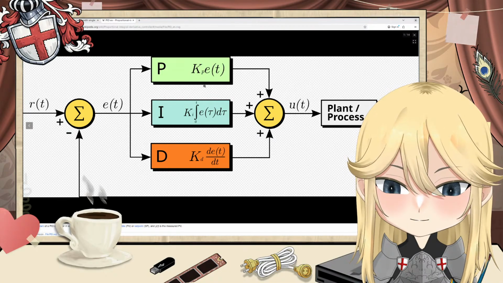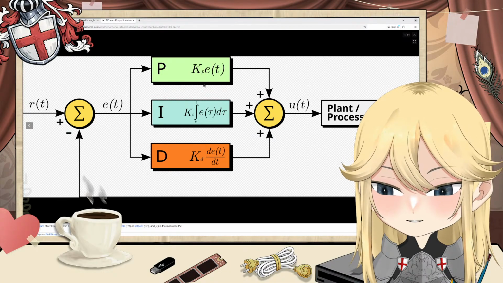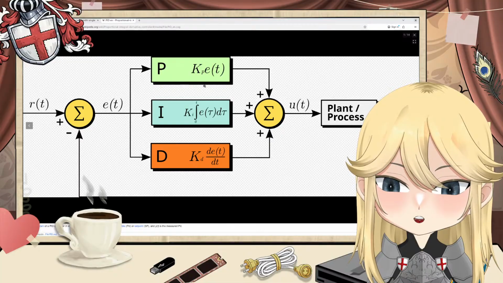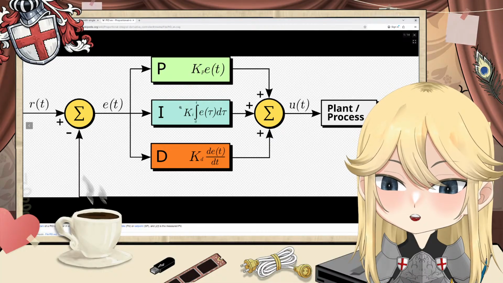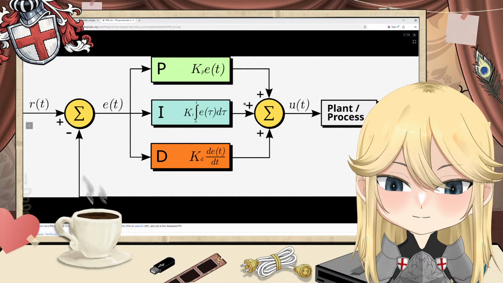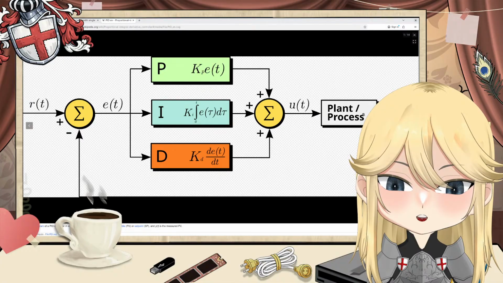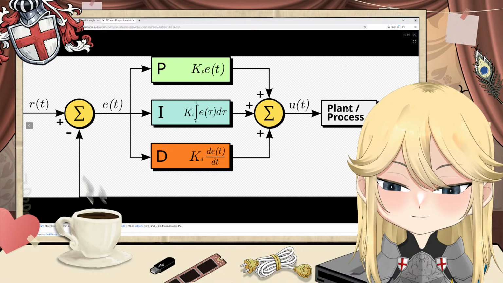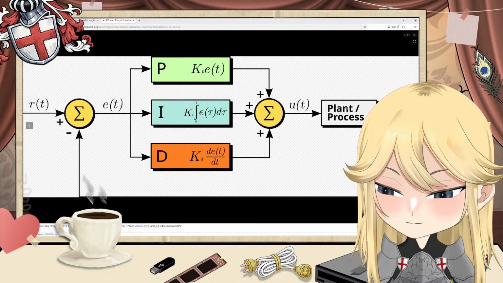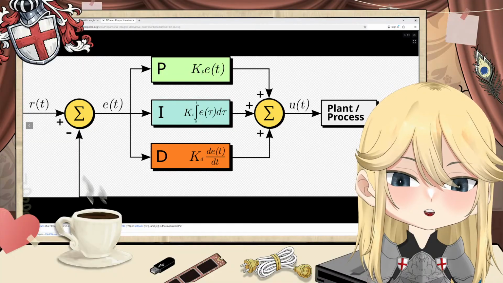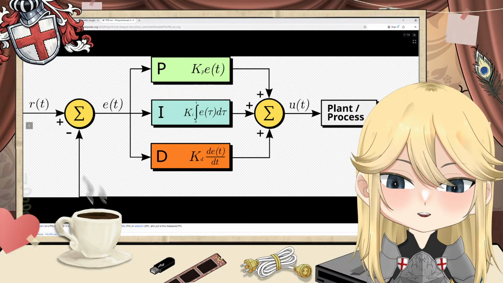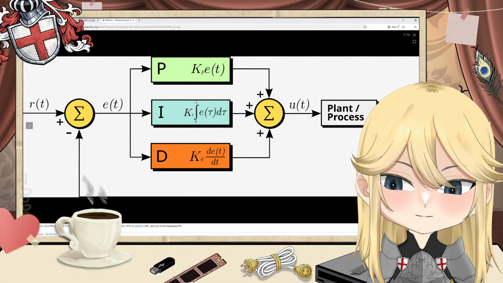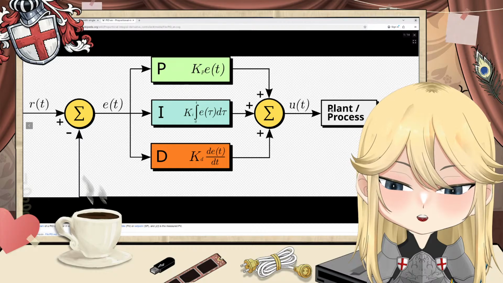You can't really calculate them, they're usually wrong, and we just experiment to find something that works. All of that gets summed up, and out comes our voltage, right?